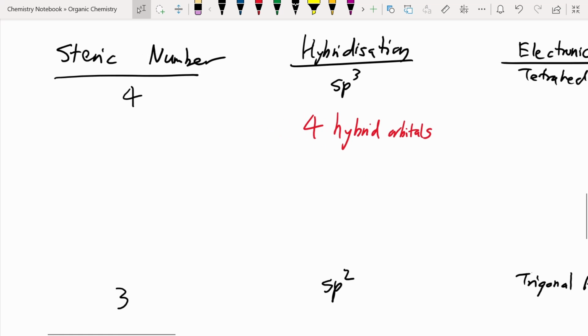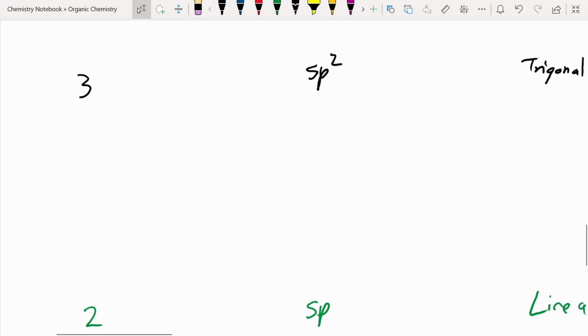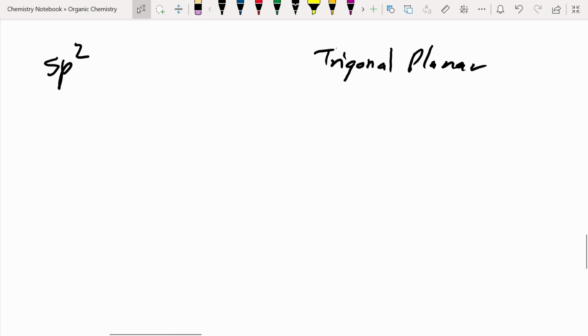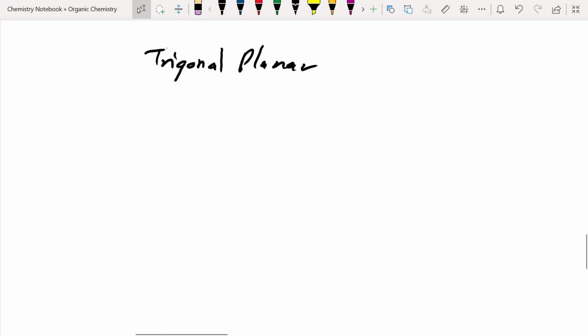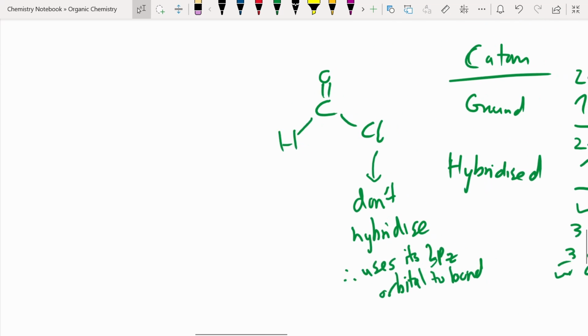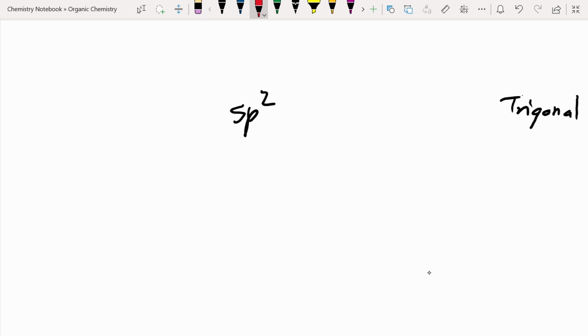Whenever you are talking about what type of hybridized orbitals to form, you always take a look at the steric number and the electronic geometry of the molecule. So sp2 is steric number 3, and you need 3 hybrid orbitals.